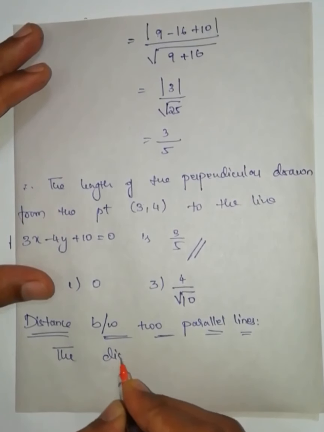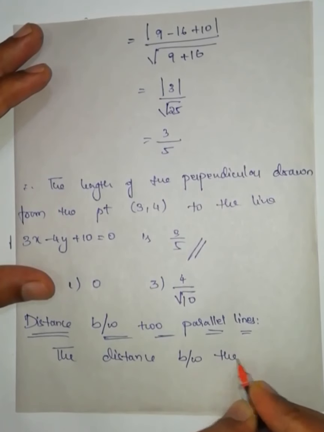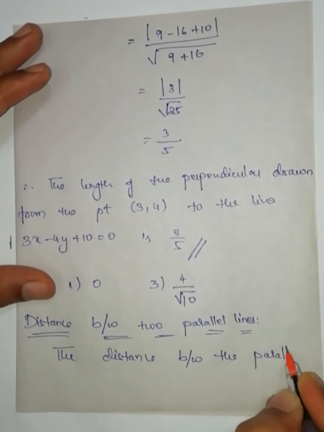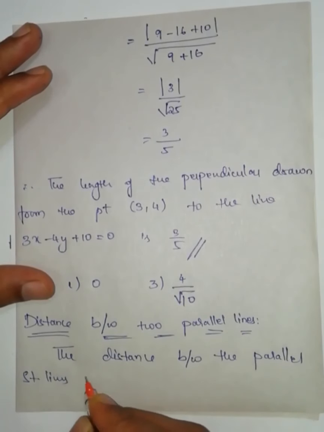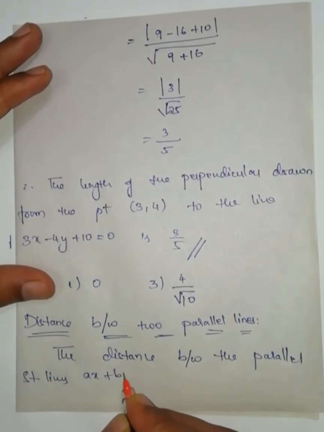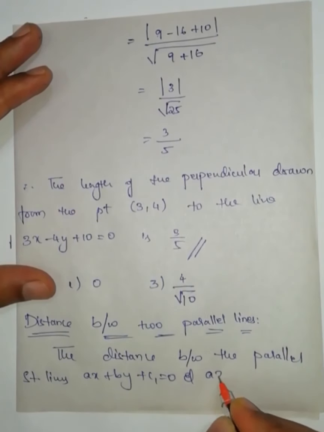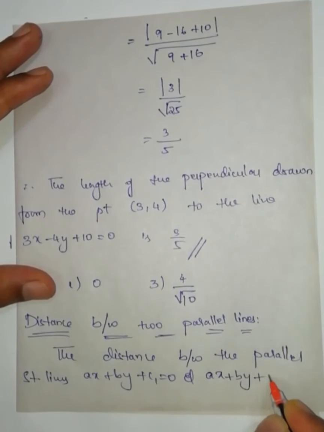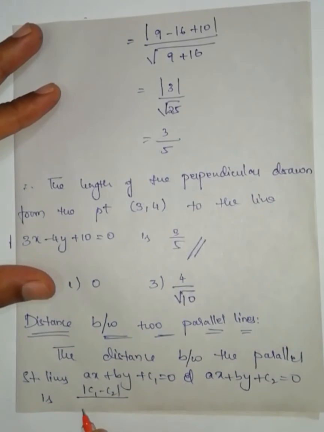The distance between the parallel straight lines ax plus by plus c1 is equal to 0 and ax plus by plus c2 is equal to 0 is modulus of c1 minus c2 by under root a square plus b square.